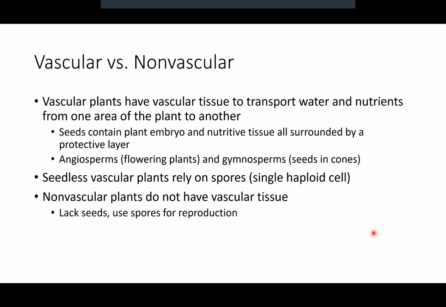So finally, we started talking about the difference between vascular and non-vascular plants. Vascular plants have vascular tissue, which are specialized cell groups that transport water and nutrients from one area of the plant to another. Non-vascular plants, in contrast, do not have vascular tissue.